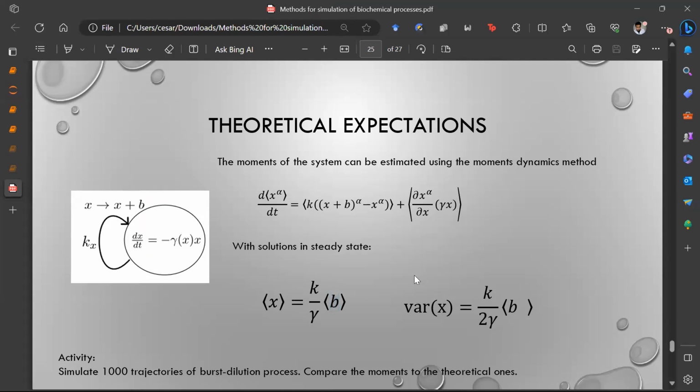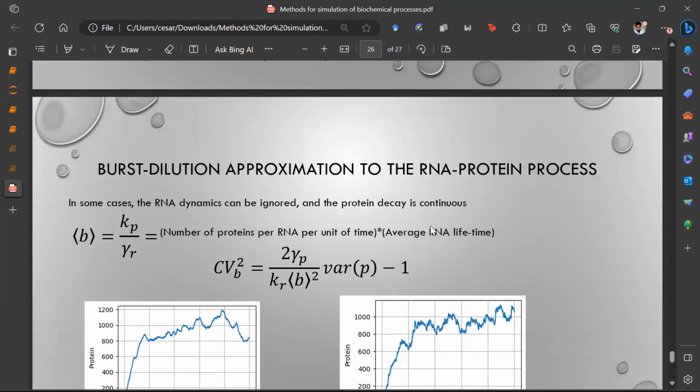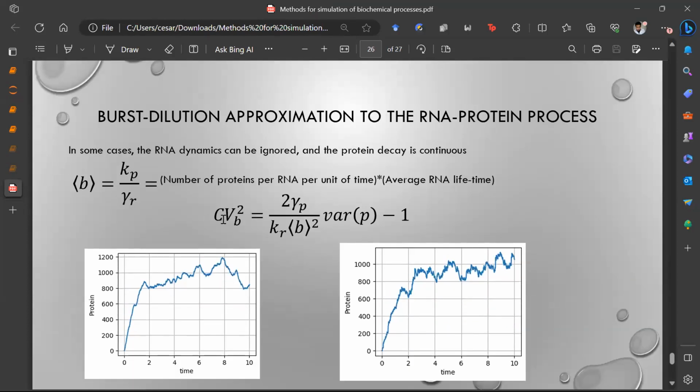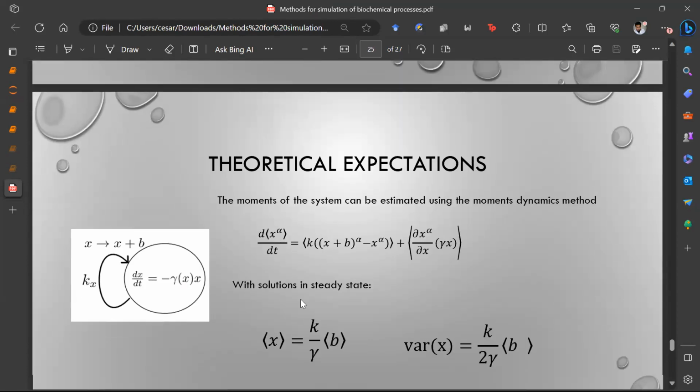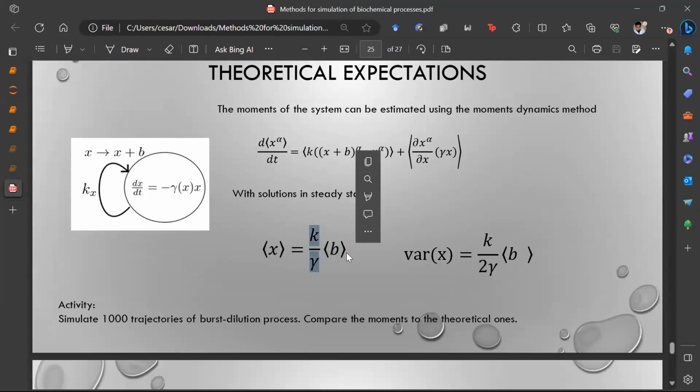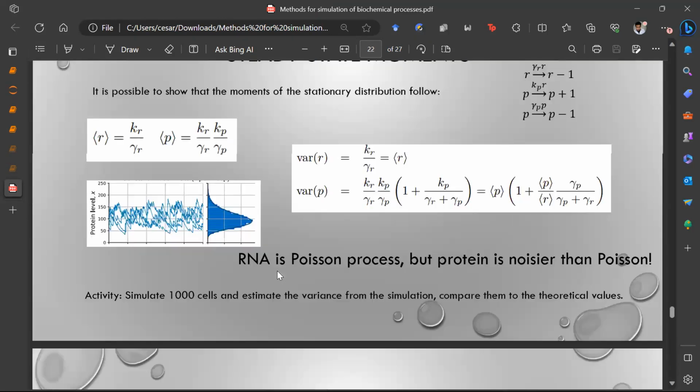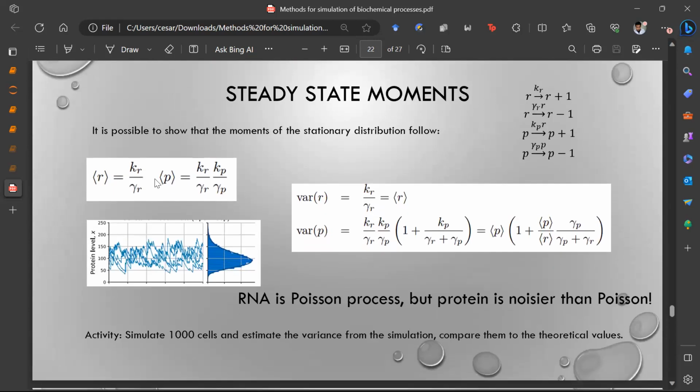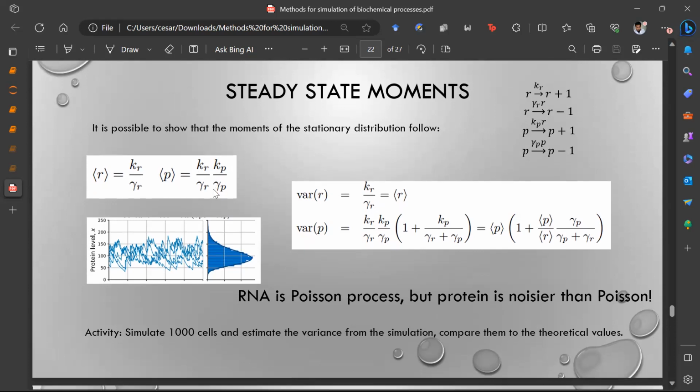But overall, we can overcome these problems and use these kinds of systems to simulate the protein. We can check, for example, that the mean of the protein is the same as this mean. So the idea is that we rewrite the system such that it has the same mean and the same variance of this protein RNA system.